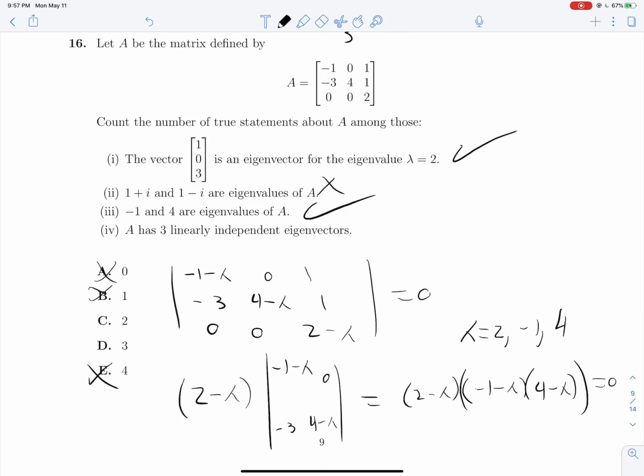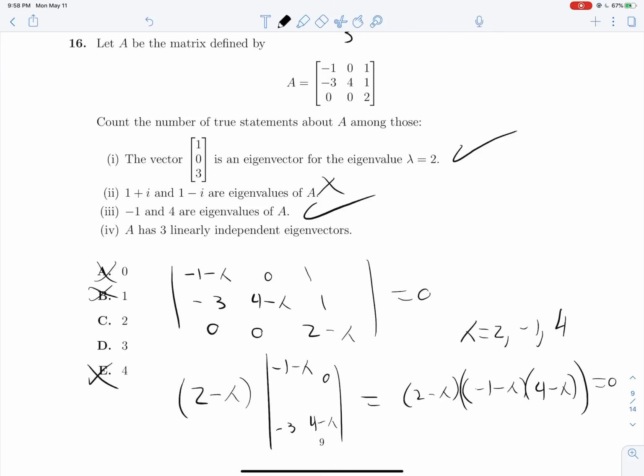And let's figure out 4. A has 3 linearly independent eigenvectors. Well, since we have three distinct eigenvalues, we are going to have, by definition, 3 linearly independent eigenvectors. Just like how an n by n matrix with n distinct eigenvalues is always diagonalizable.